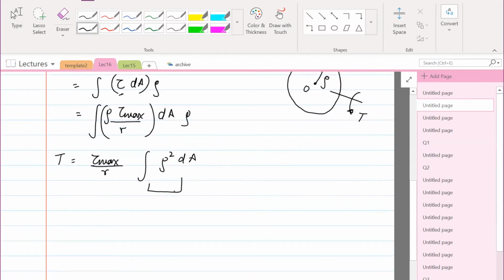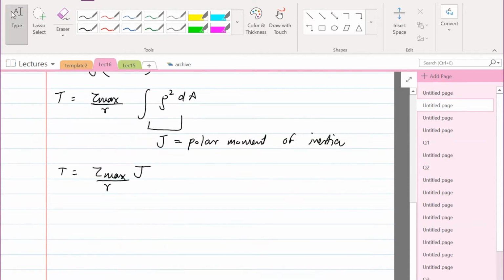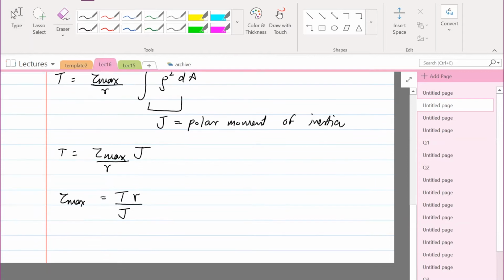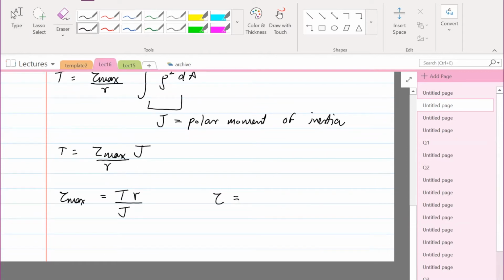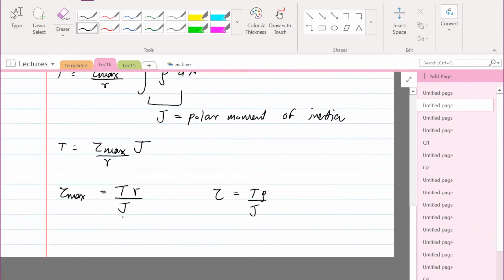Okay, so this integral is known as the polar moment of inertia, J. So we have T equals tau max divided by r times J. And so tau max is T times r divided by J. Now we can also write the shear stress at any cross section, knowing that it depends on tau max as a function of rho, so tau equals T times rho divided by J. So this is just using the relation between tau and tau max in this formula.